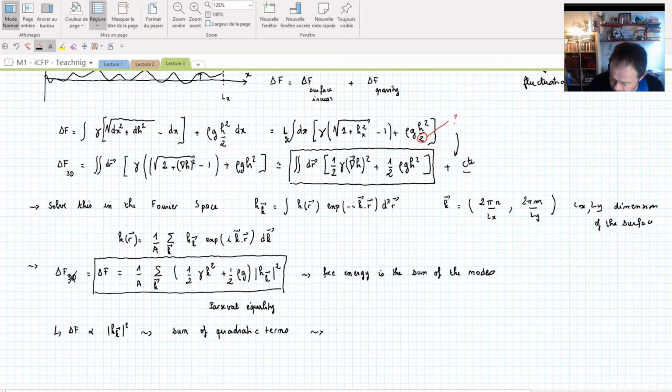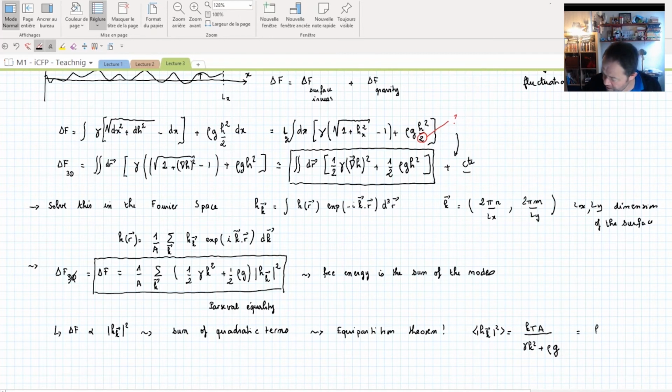And then we can use the equipartition theorem. And then we'll say that on average, this can be simply related to kT over A times gamma (k squared plus kappa squared), which is rho g over gamma.